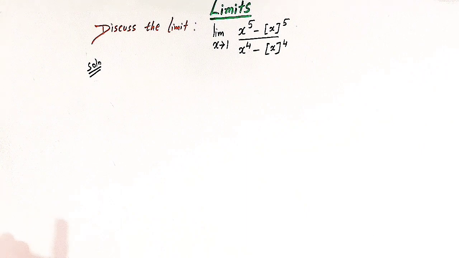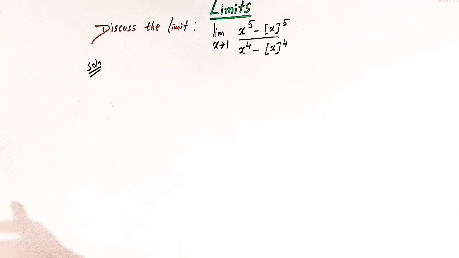So for the existence of the limit of a function, what we have to do is separately find out the right hand limit and the left hand limit, right? And we see whether the right hand limit exists and is finite.